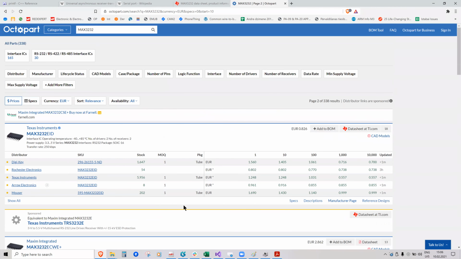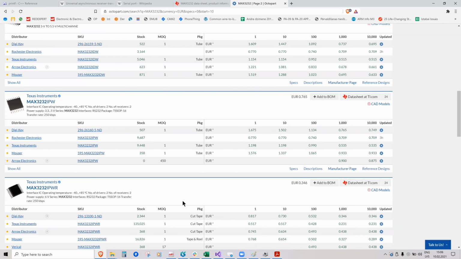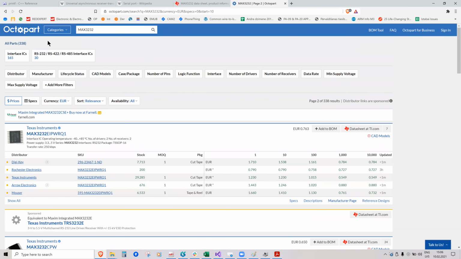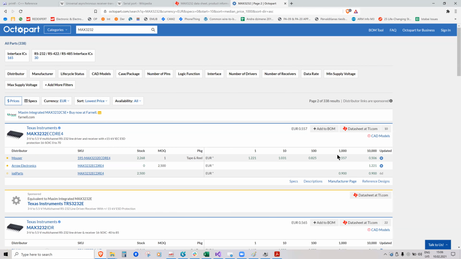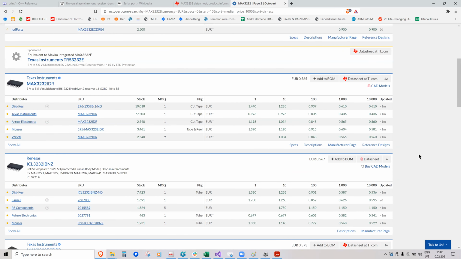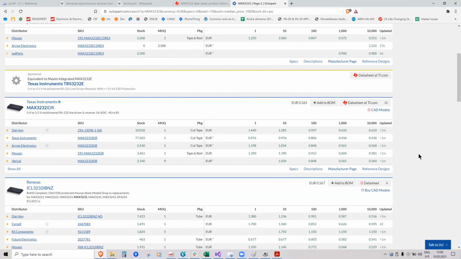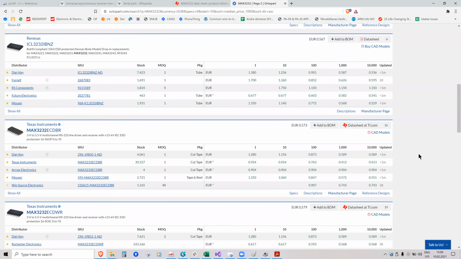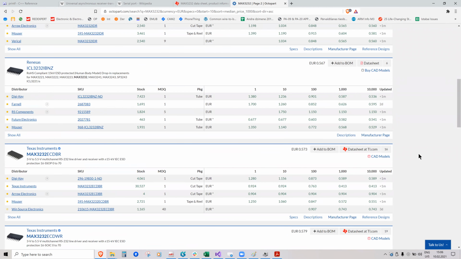And Texas Instruments, Maxim Integrated are not the only ones. Other companies also make this chip, and let's just sort it by lowest price. And yeah, it costs something like from €1 to 50 cents, depending on the quantity. For example, this Renesas also makes it.